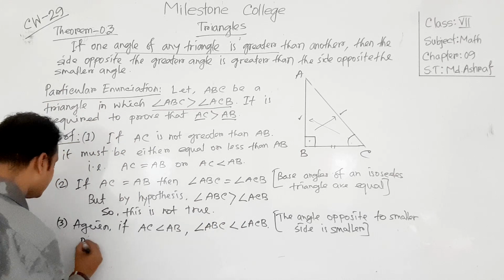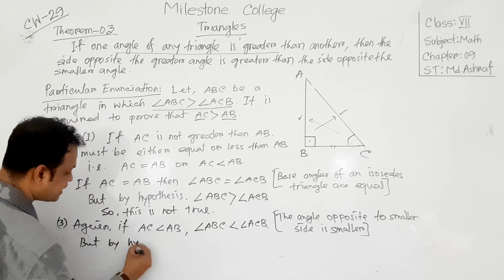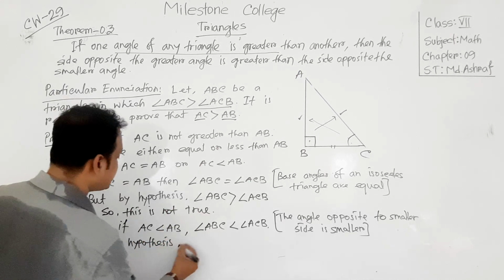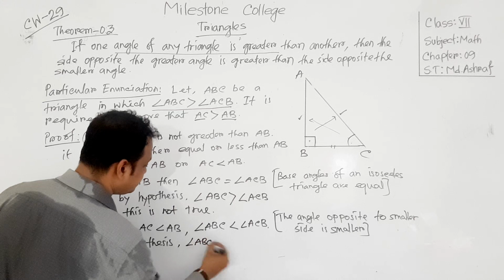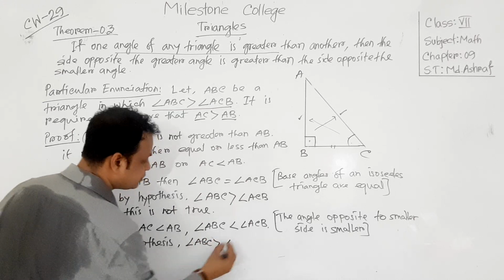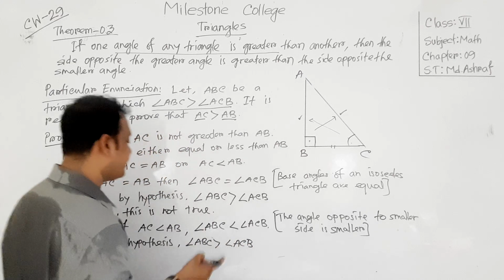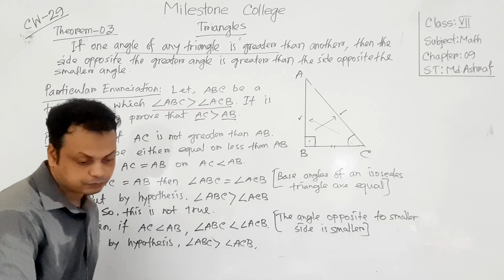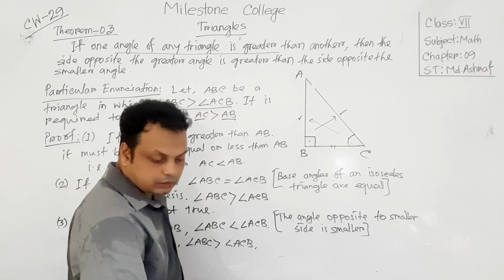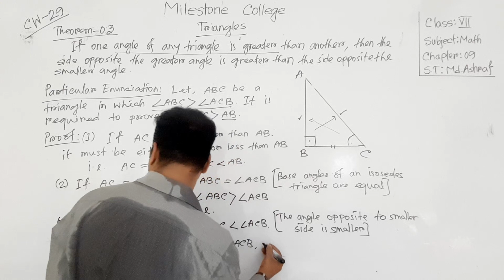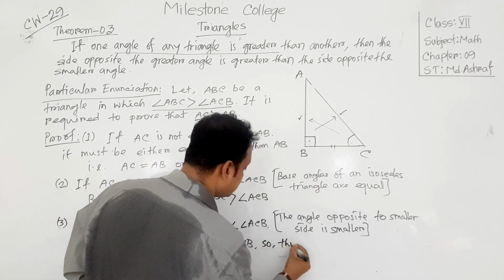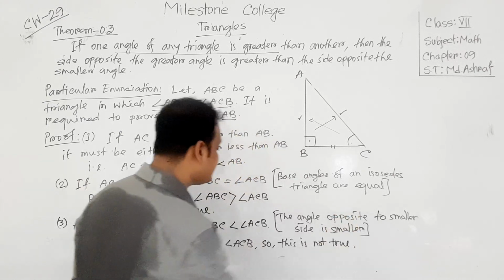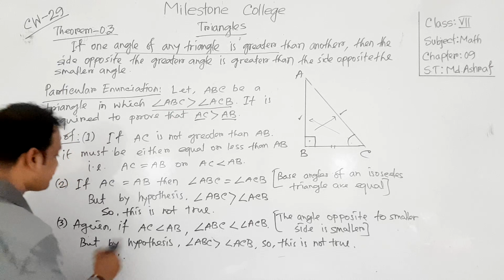So we'll write, but by hypothesis, angle ABC greater than angle ACB, therefore this is not true.